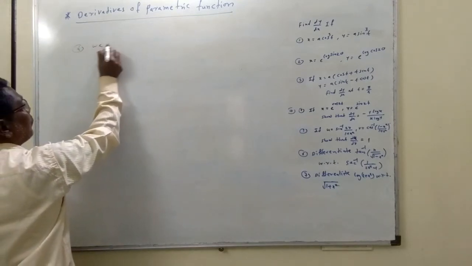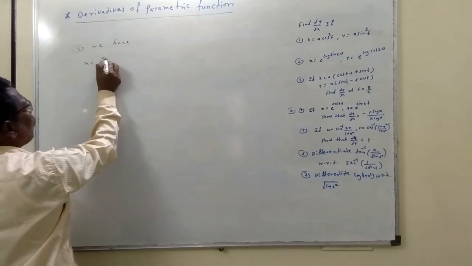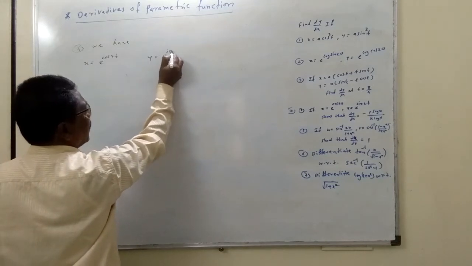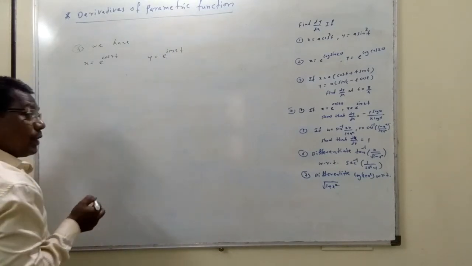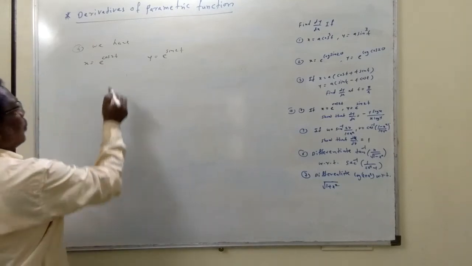Now the fourth example. We have x is equal to e raised to cos 2t and y is equal to e raised to sin 2t. Now this is a parametric function with parameter t.